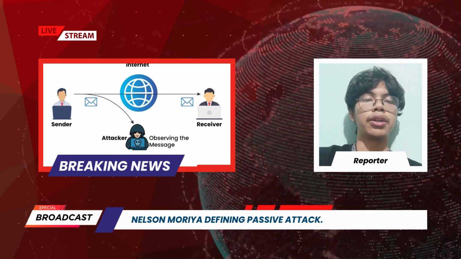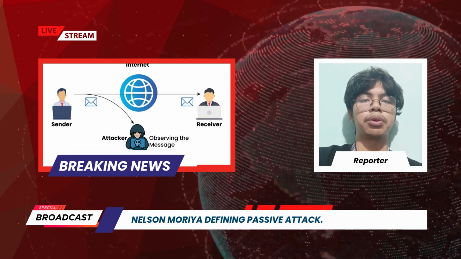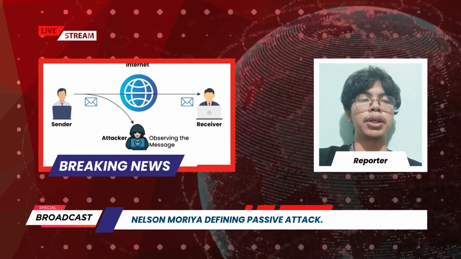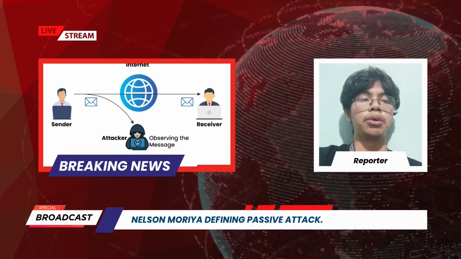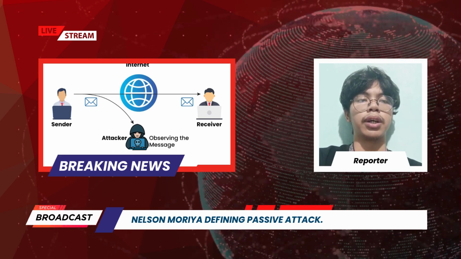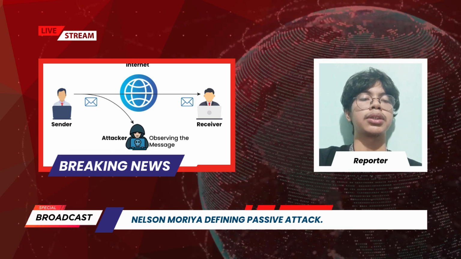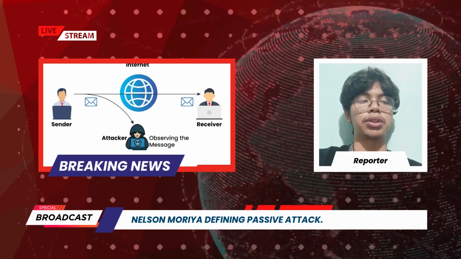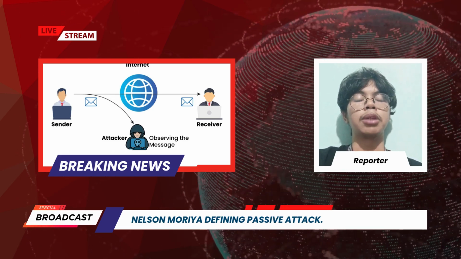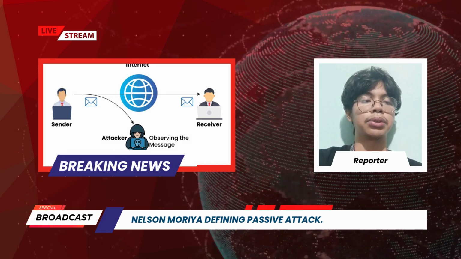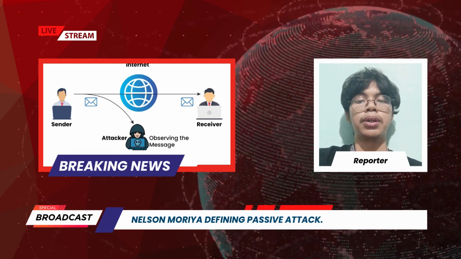However, they are limited to information gathering and do not provide immediate control or direct damage to the system. Additionally, passive attacks rely on data being transmitted in a way that can be intercepted, which can be mitigated by secure communication methods like encryption.